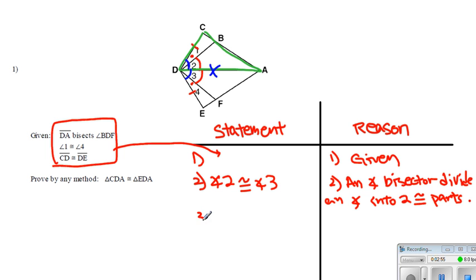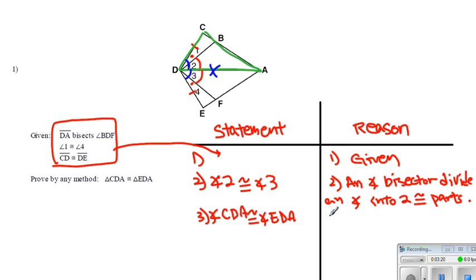Number 3. But not only do these portions of the angles are congruent, because angle 1 and angle 4 are congruent, therefore we can say the angle CDA is congruent to angle EDA. As I mentioned with the blue mark right up here, we need to add up these two angles.